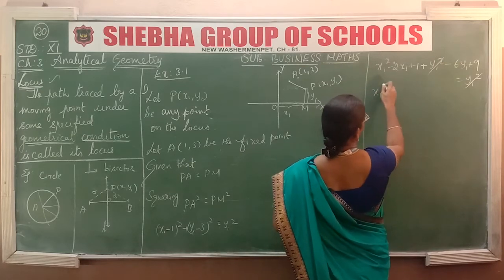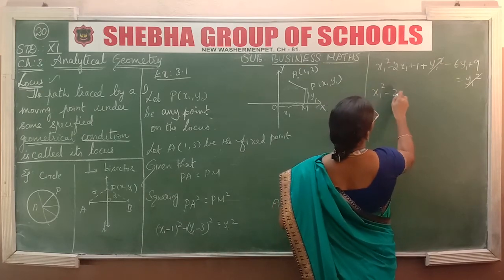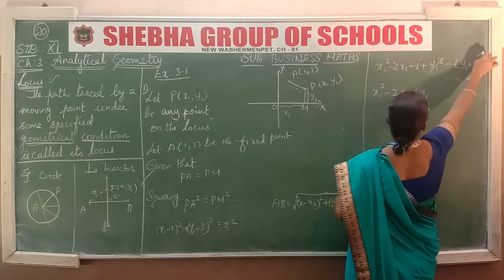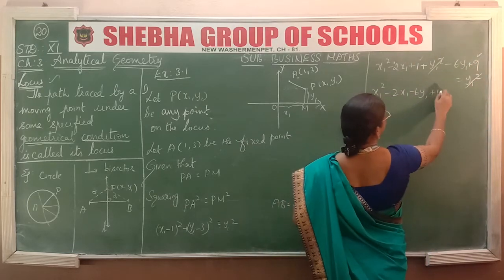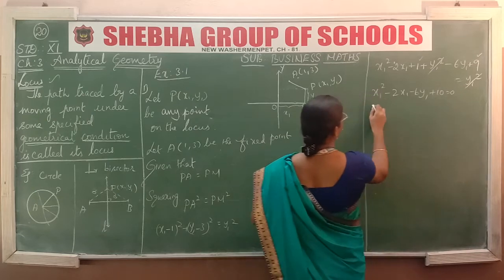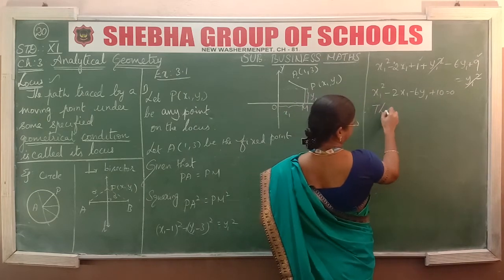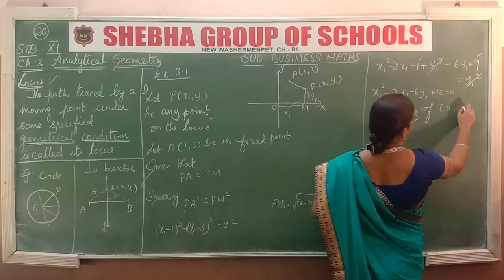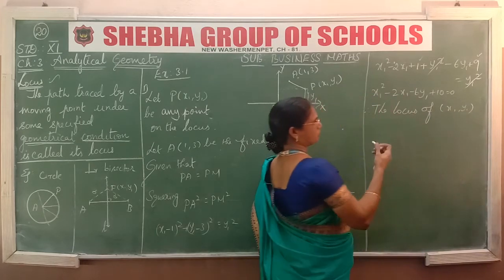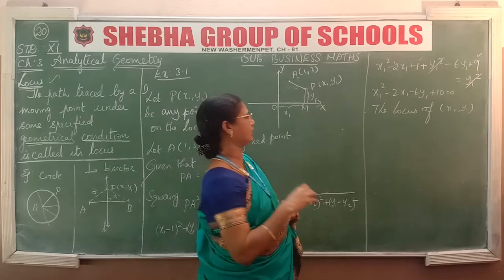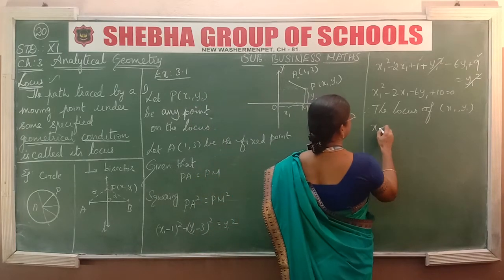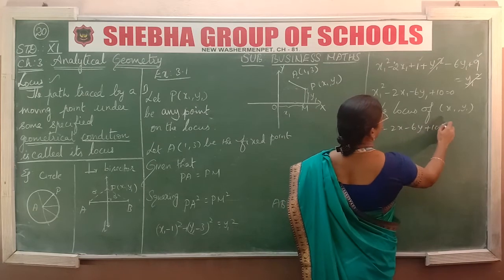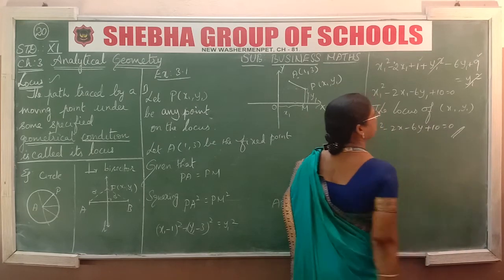The remaining terms are x1 square minus 2x1 minus 6y1, and adding 9 plus 1 that is 10, equal to 0. The last line is the locus of the point x1, y1. Now we write x1 y1 as x y: x square minus 2x minus 6y plus 10 equal to 0. This is our answer. Understood?